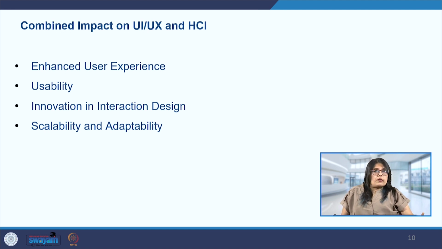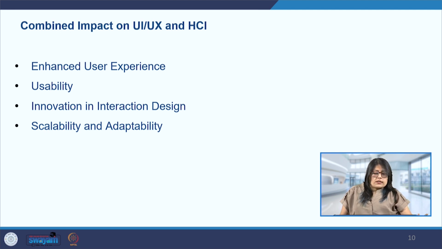So that is one. The second is our usability. They contribute to the usability of the system by ensuring that the interactions are smooth and quick and fast, and there is no lag which is hampering the experience of the user. The third point is innovation in interaction design.